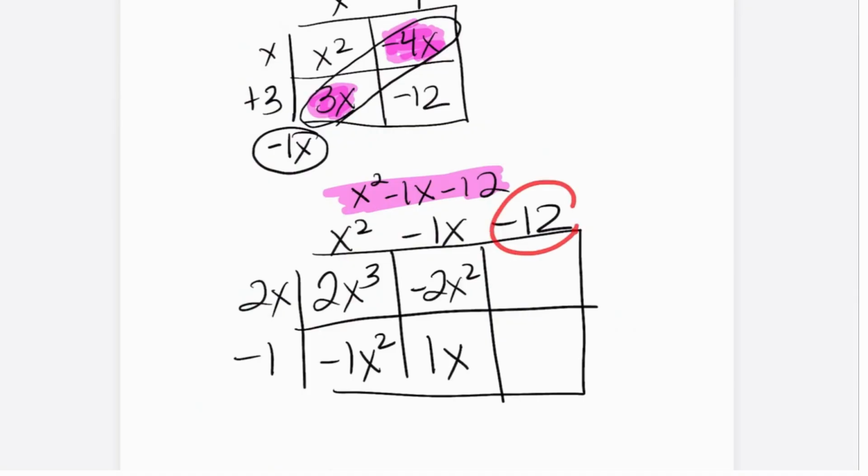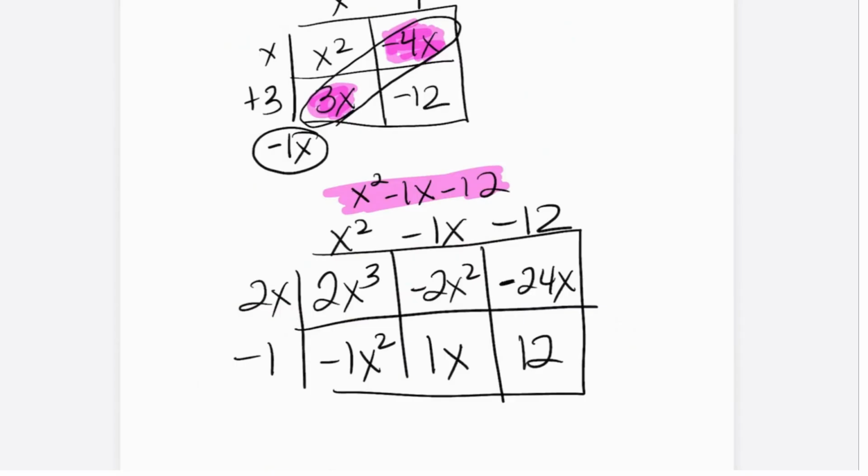Oh, sorry. We're going to go ahead and move on to that last column. So negative 12 times 2x is going to give me negative 24x. Negative 12 times negative 1 is going to give me positive 12, because 2 negatives give you a positive when you multiply.